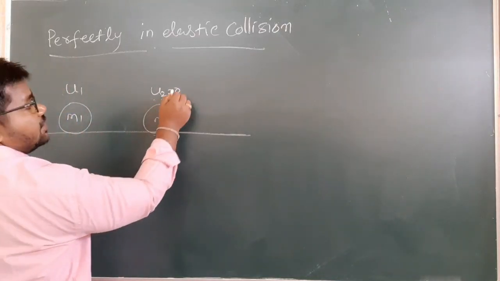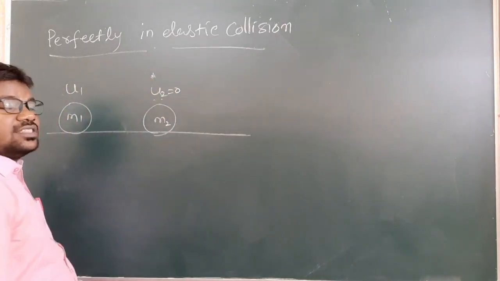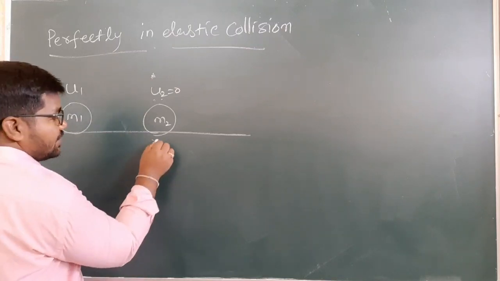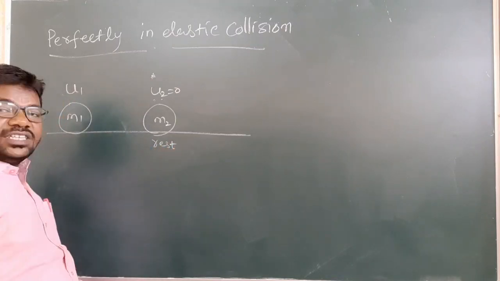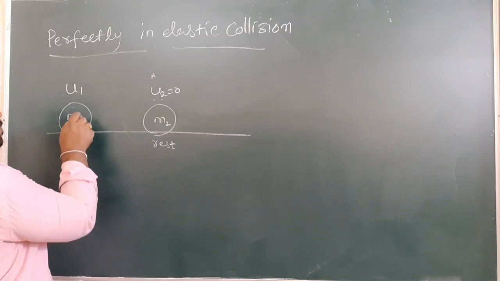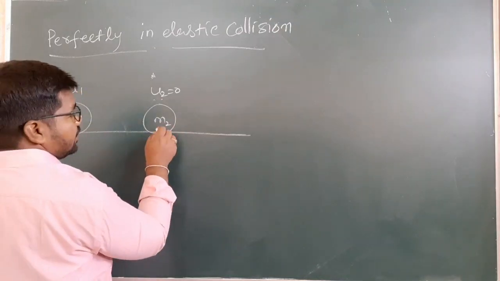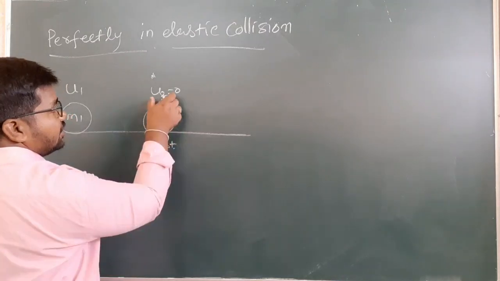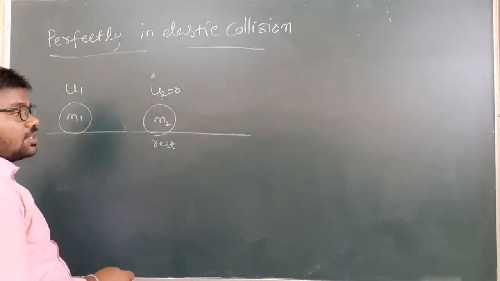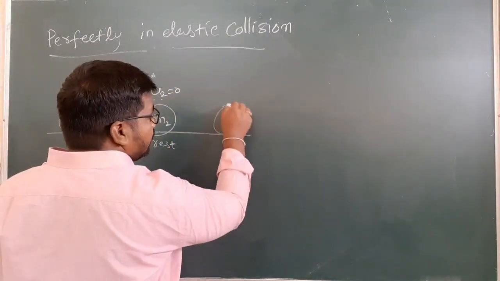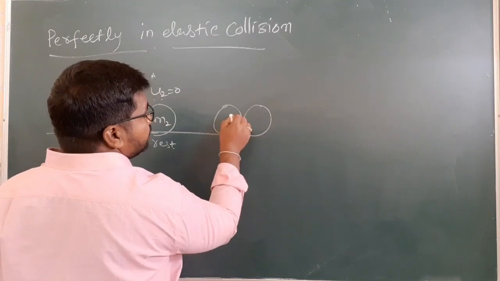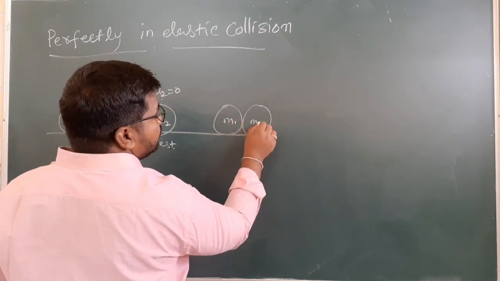This is the main condition, which means it is at rest. So consider a mass m1 with velocity u1, and another mass m2 with velocity u2, meaning rest. Both are colliding with each other, m1 and m2.